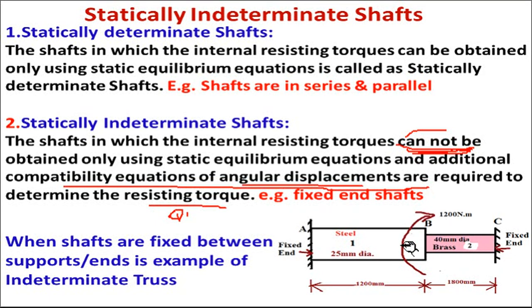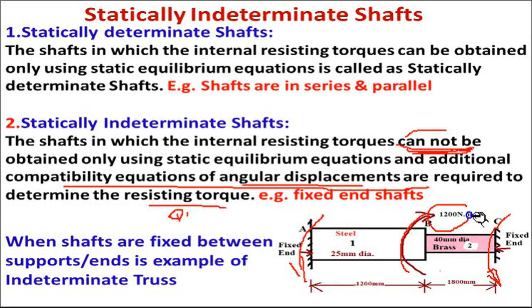This torque of 1200 Newton meter is applied here, and it will be divided in certain percentages. This end will share some anti-clockwise torque and the other end will also share some anti-clockwise torque. Why anti-clockwise? Because the middle one is clockwise, so the ends will resist the torques in the opposite direction.